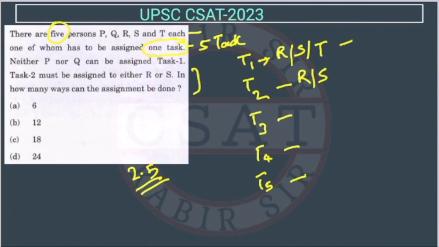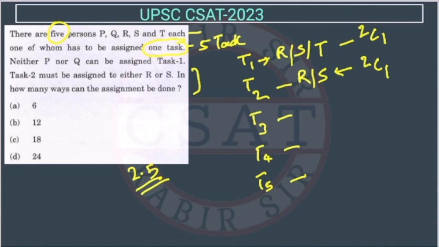Now first of all we will assign task 2. There are 2 people and we have to choose one out of them, so this will be 2C1, right. Now for task 1 there are 3, but one of R or S is already assigned, so there will be 2 remaining, so out of 2 we will choose 1.